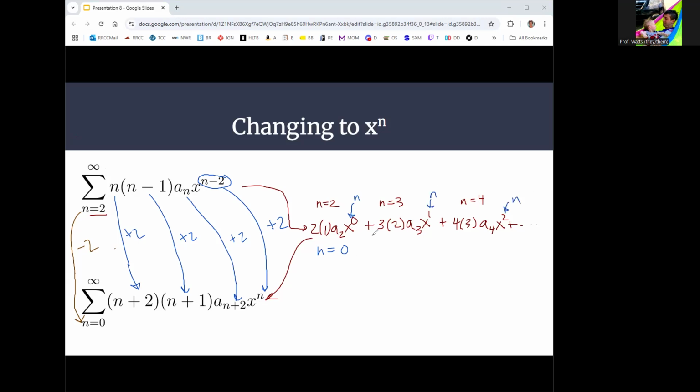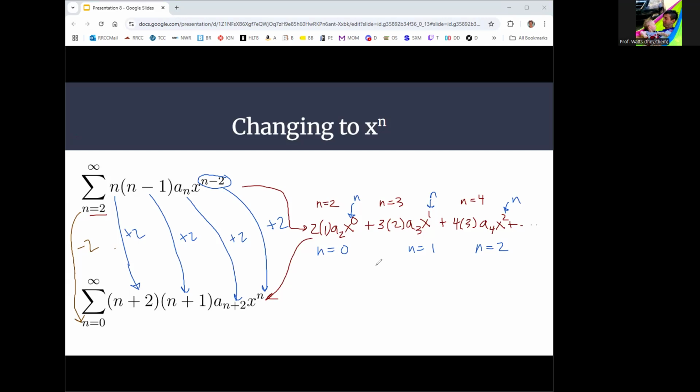If it's going to be x to the n, then those are the n values. And so that makes it go n equals 0, n equals 1, n equals 2. But then you'll also see that for the other numbers to match up, they have to increase by 2, right? So for it to be a2 when n equals 0, it needs to be a sub n plus 2. And same with the 2 and the 1.